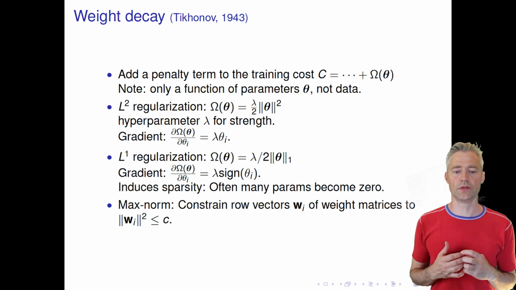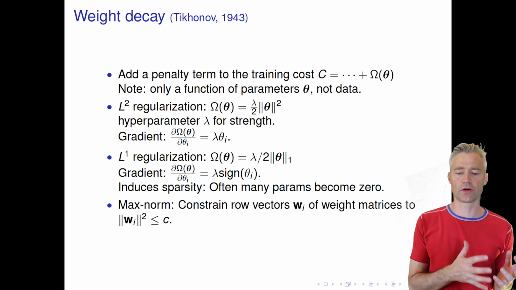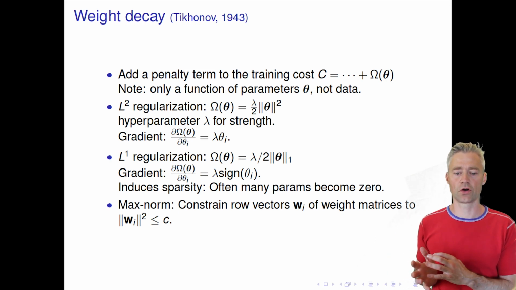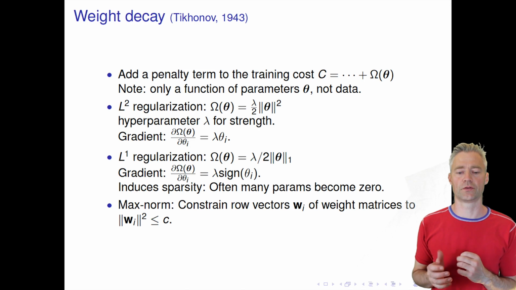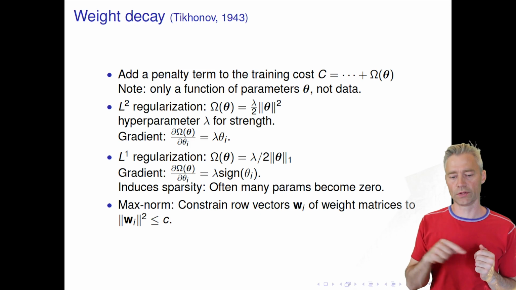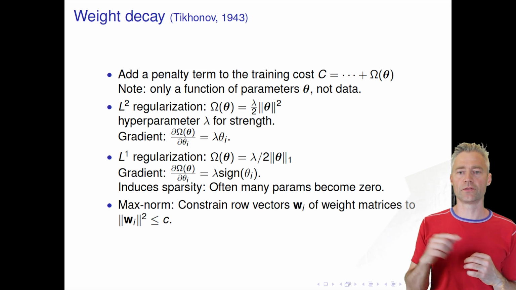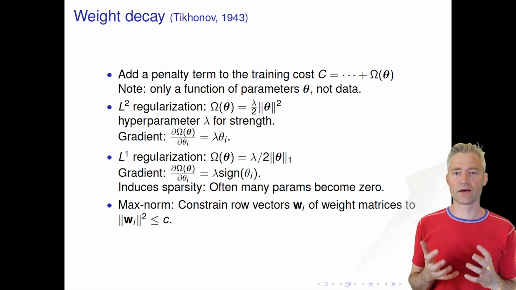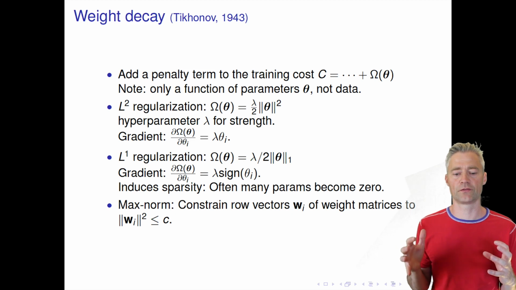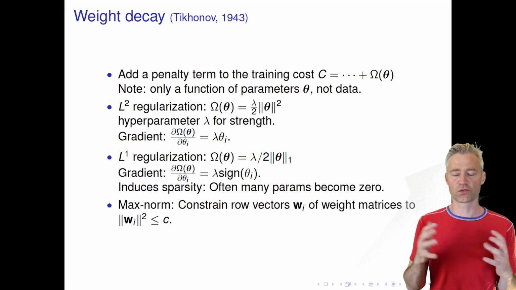Weight decay: the idea is that we have first our training cost, so our minus log likelihood, and then we add another cost that penalizes the complexity of the model. If you think about a tanh network with hidden units, then we know that the larger the weights are, the more non-linear the decision surface will be. So it makes sense to penalize the size of the weights. We can do that with L2, where we penalize the squared length of the weights.